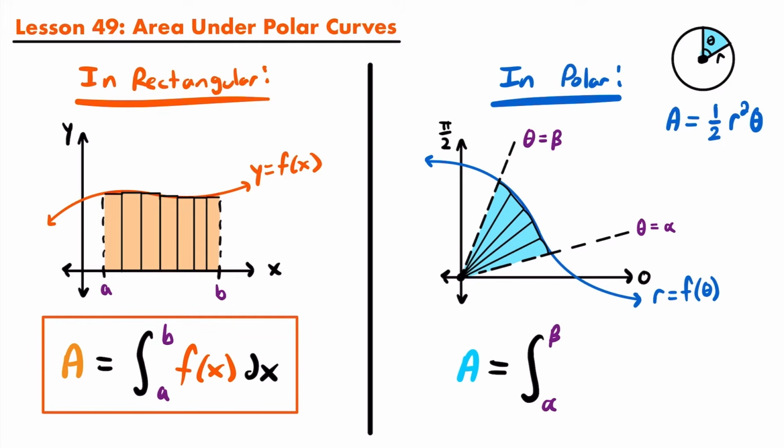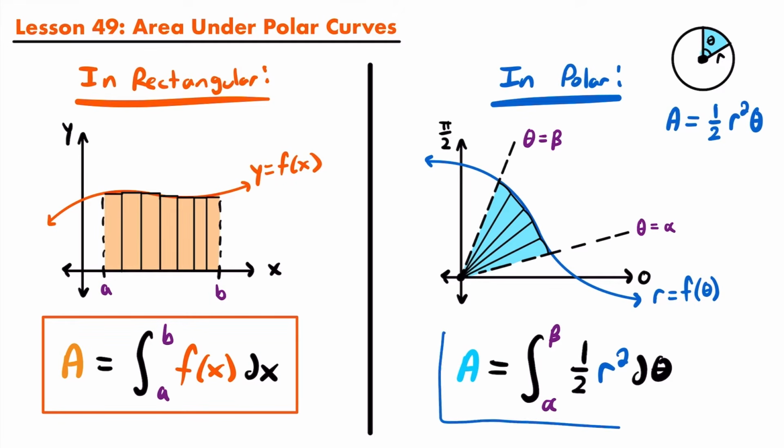So what we can do to calculate the area beneath a polar curve between two angles of theta is integrate the area of a sector, where we will have 1/2 times r squared times d theta. This will represent the area where the radius r is determined by our function in terms of theta that represents our polar curve, and d theta represents the angle of our sectors that is getting infinitely small as we integrate between alpha and beta to add up the area of an infinite number of sectors.